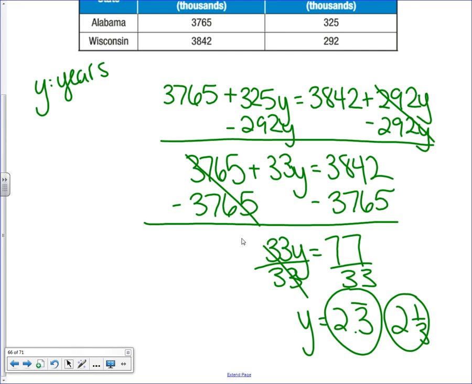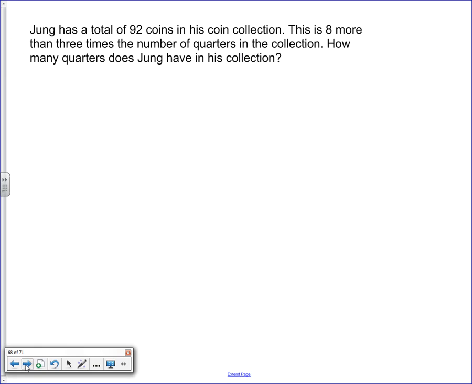Bottom question. What's my unknown? Number of quarters. Okay, what do I know, folks? That means this, right? It's a total? What else do I know?